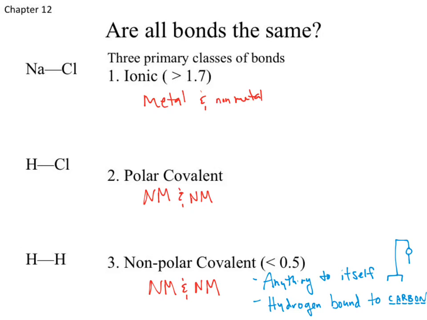Okay. Notice I said only other. So we've got a rule for ionic, metal, nonmetal. We've got rules for nonpolar, anything to itself, and hydrogen bound to carbon. What is left over? Beautiful definition. Everything else.